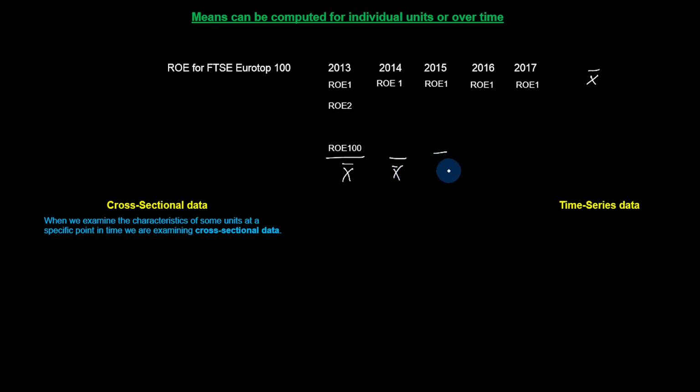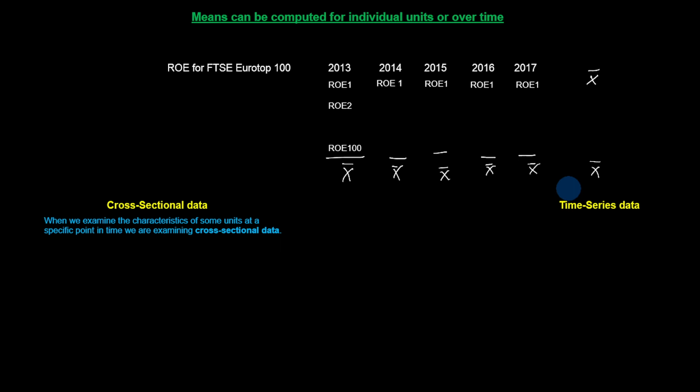Do the same thing for 2015, 2016, and 2017. Now I have all the means for each individual year, and I can come up with a time series mean here, meaning that I add up all these different means and then divide by the total number. So I have sort of a mean of the means, if that makes sense. But we will talk about time series data in a later reading.